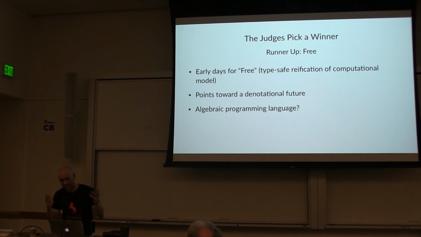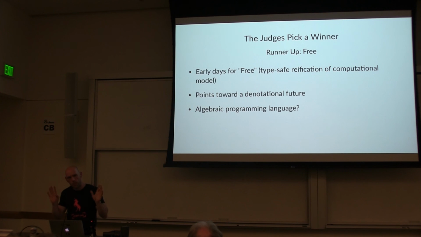They just produce data and stuff. But also, I think it points towards a future in which we define our programs only using denotational semantics. And possibly points the way towards something that's after functional programming. Something algebraic programming, if you will.